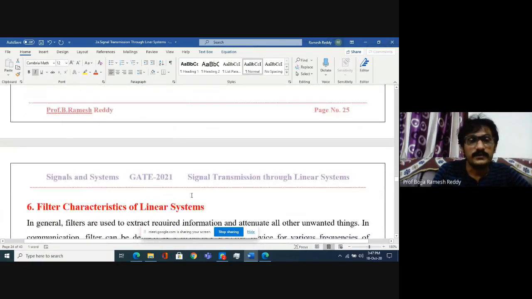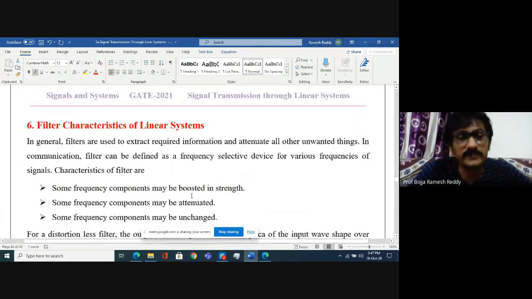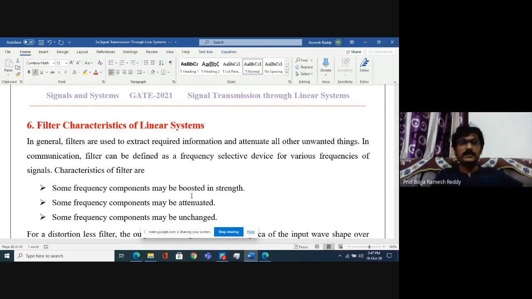The next topic is filter characteristics of linear systems. First of all, what is a filter, and what are the filter characteristics of a linear system? In general, filters are used to extract required information and attenuate all other unwanted things. In our daily life, we are using so many filters.